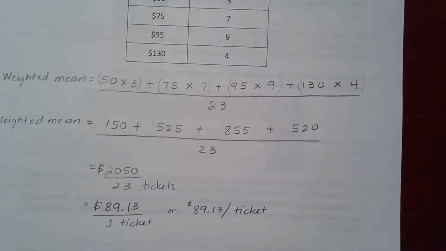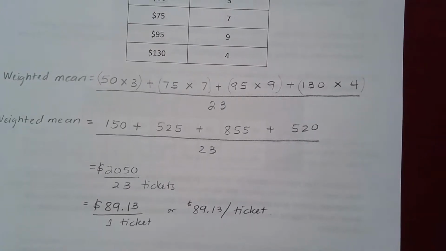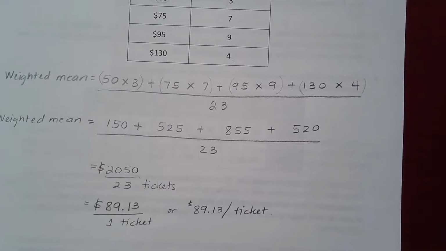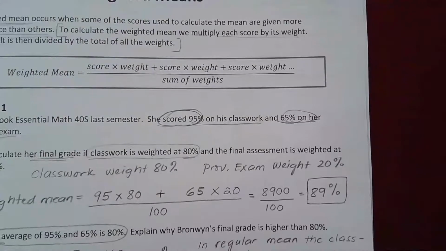So today what we did is we talked about the weighted mean, how to calculate it. Okay. So we have kind of like two formulas going on in here for weighted mean. We have a formula for weighted mean at the beginning.